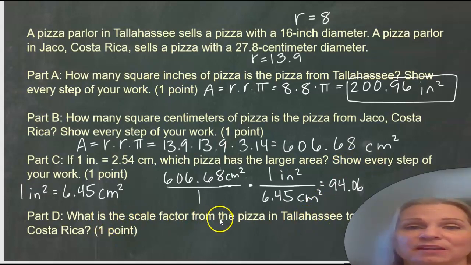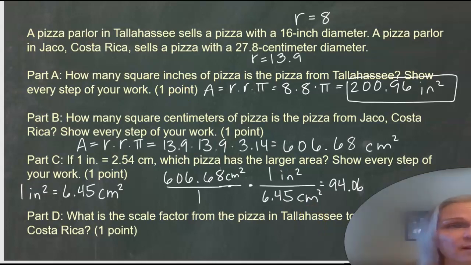Now it says, what's the scale factor from the pizza in Tallahassee? I know you can't see this part, but it says to the pizza in Jaco, Costa Rica. So if I'm going from the pizza in Tallahassee to the pizza in Costa Rica, that means I'm starting with the pizza in Tallahassee, which let's just round to the nearest whole number because these are both close enough.